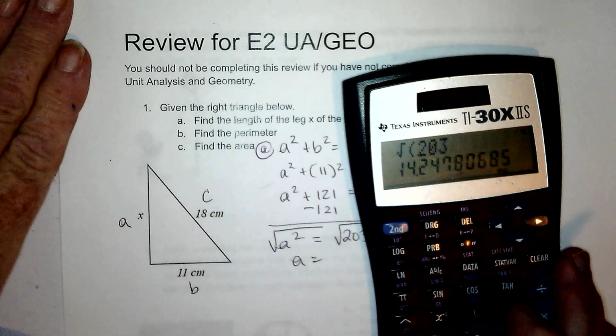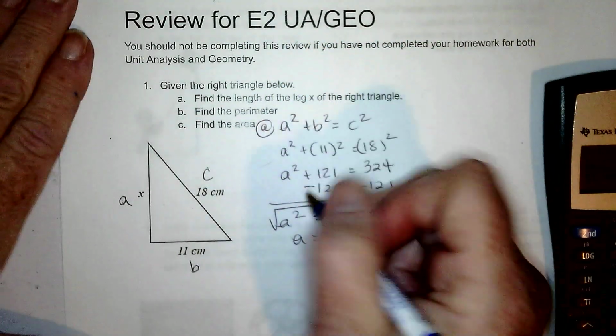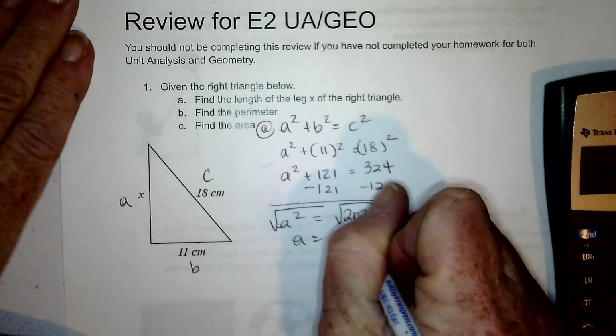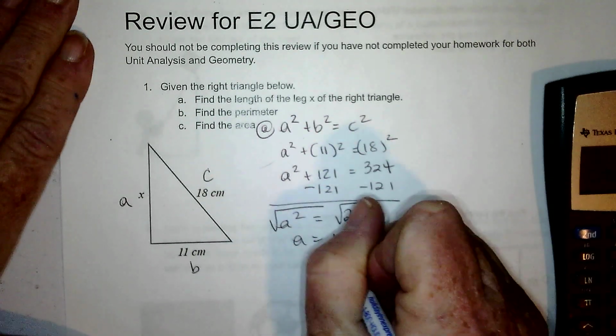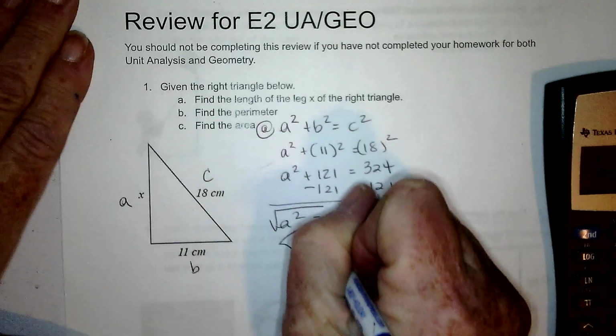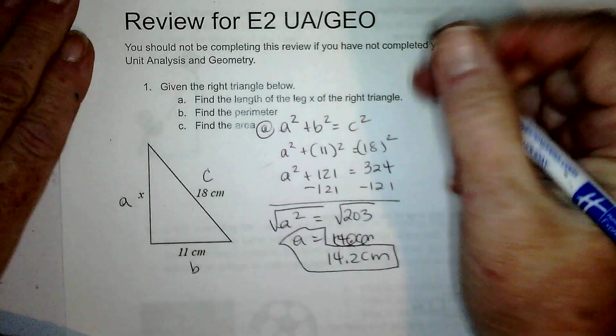On the exam, I'm asking you to round everything to one decimal place, the tenths place, unless it is money. So we're just going to stick with that on this as well, 14.2. So A is 14.2 centimeters. Please make sure you are presenting it with units on your answer.